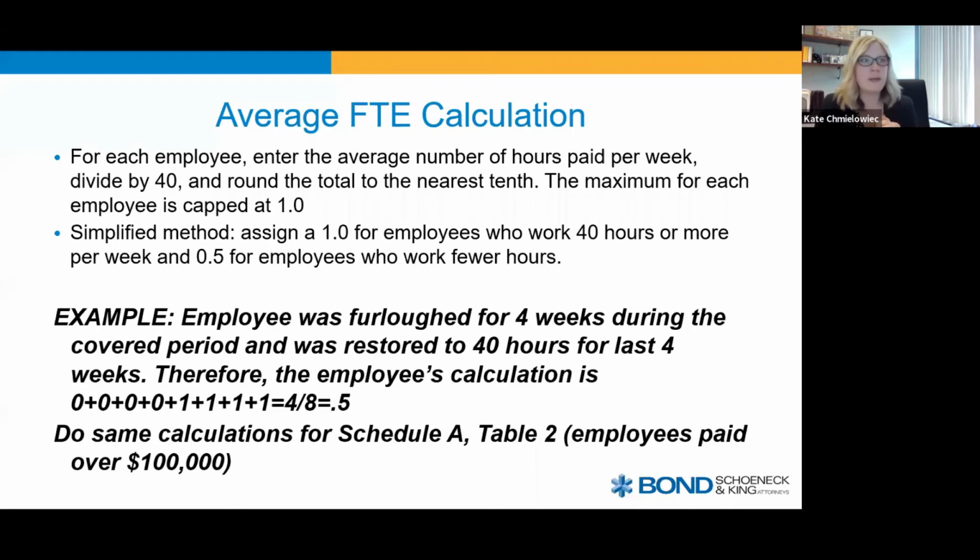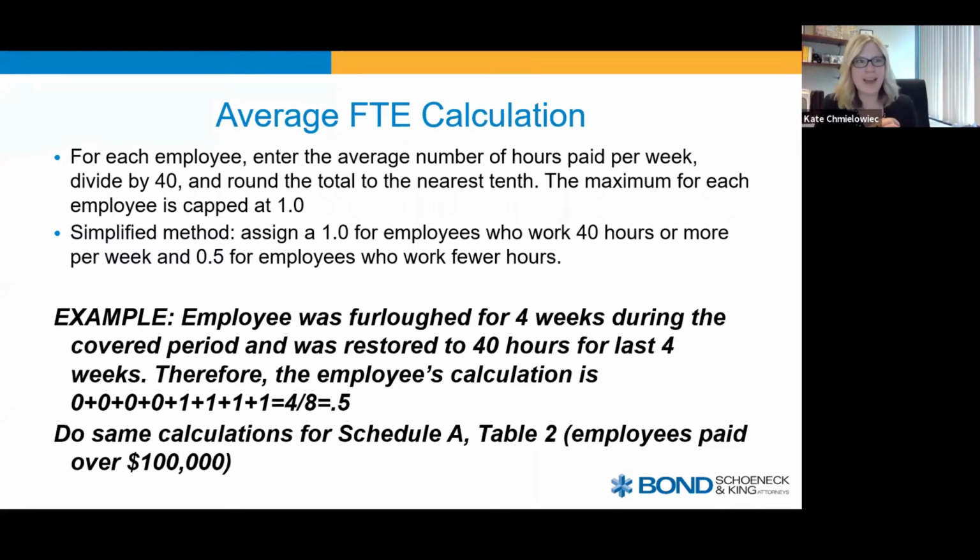Okay, so let's look at the example now. For an employee who was furloughed for 4 weeks during the first part of the covered period, and then was offered to come back to work, to come off of furlough, for the last 4 weeks at 40 hours a week, you're going to see here that there's going to be zeros for the first 4 weeks and then 1s for the last 4 weeks. So the total there is going to be 4. This is easy math for me. I really like this math.